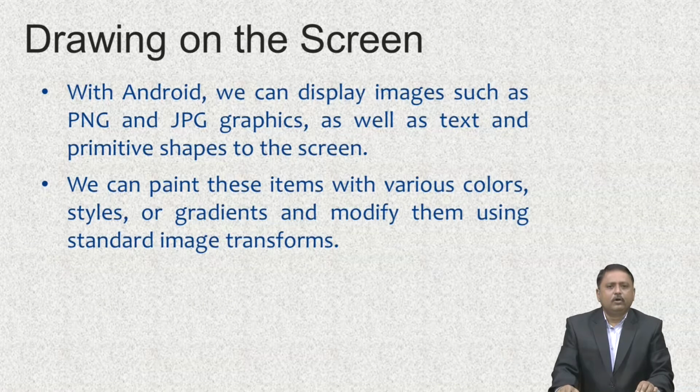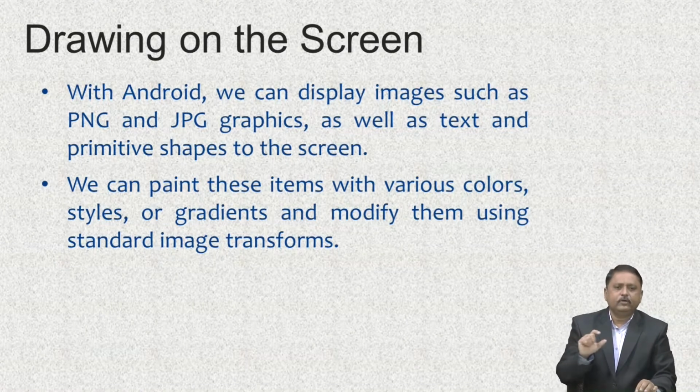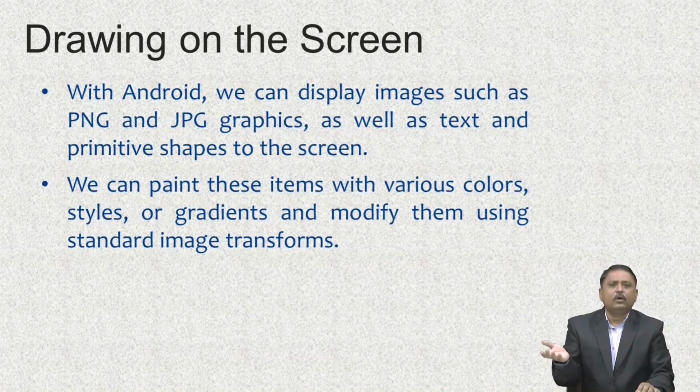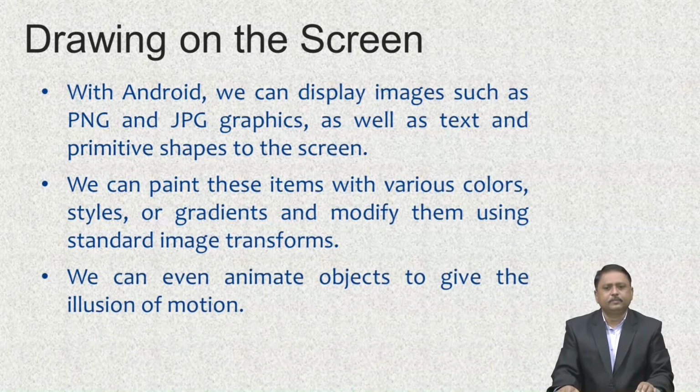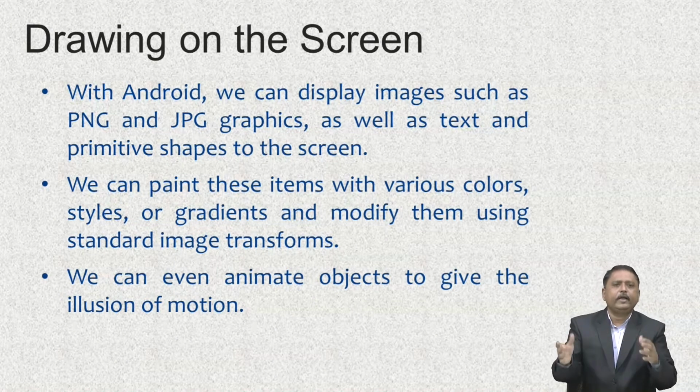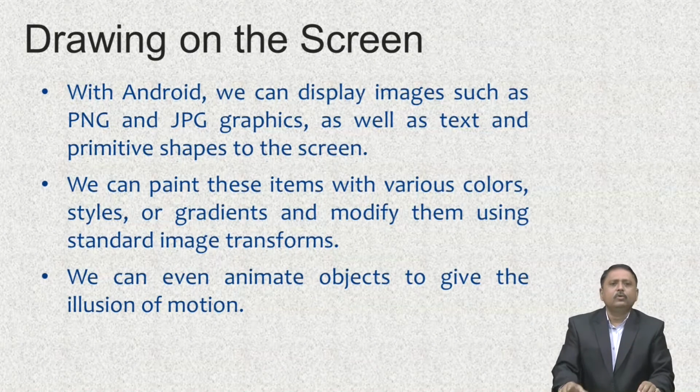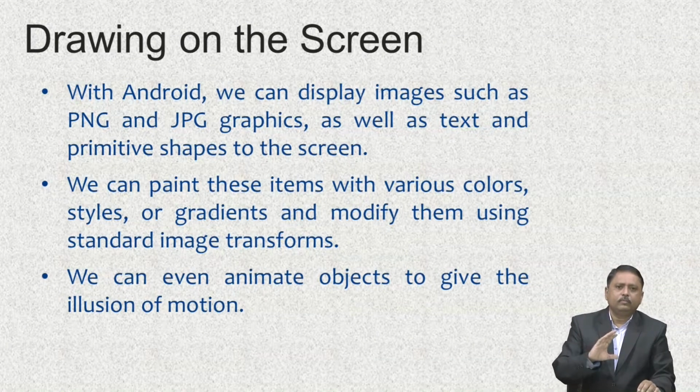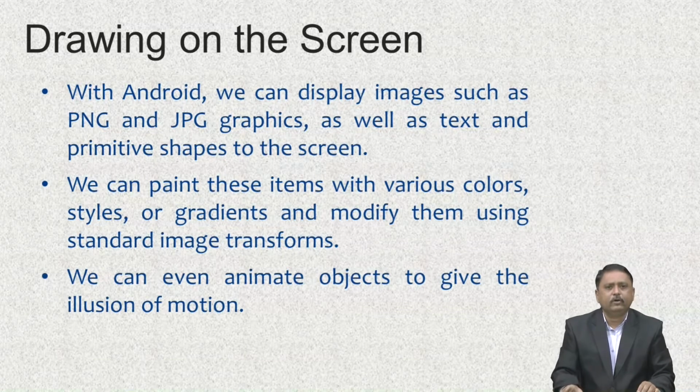So, you are not only able to draw something on screen, but you can also provide different colors and styles to those shapes, and you can modify them using image transforms. We can even animate objects to give the illusion of motion. We will learn in the demonstration how to perform various kinds of animation on screen.